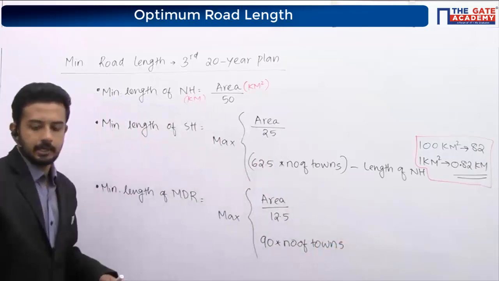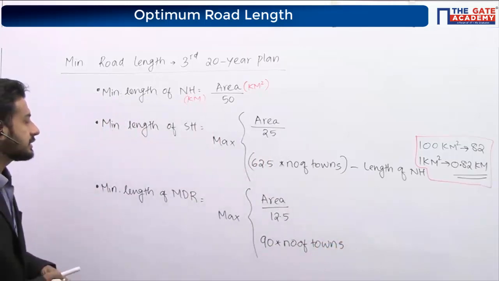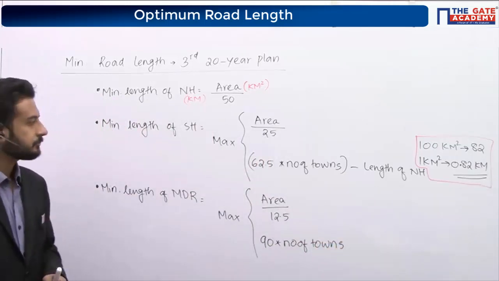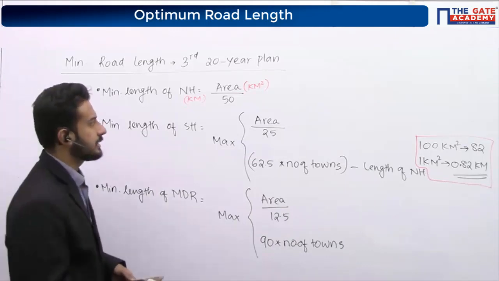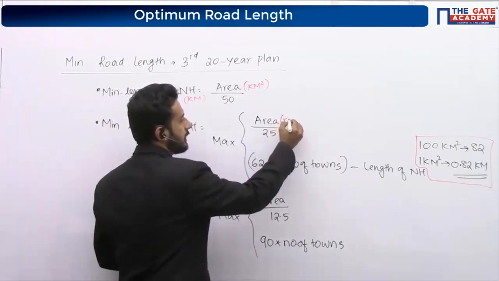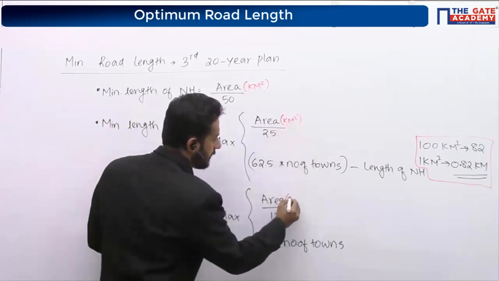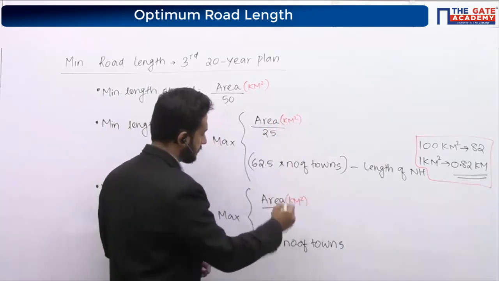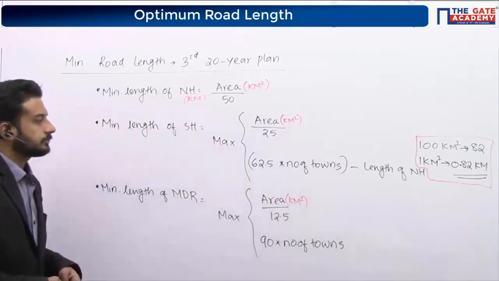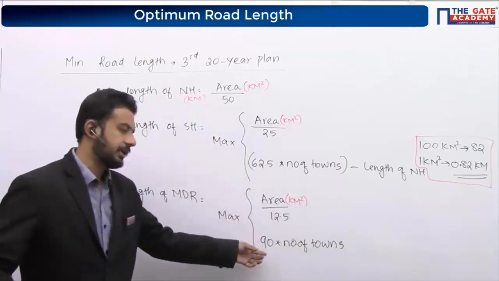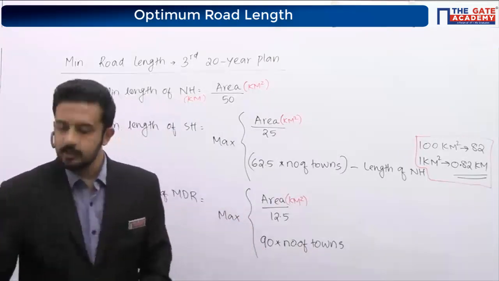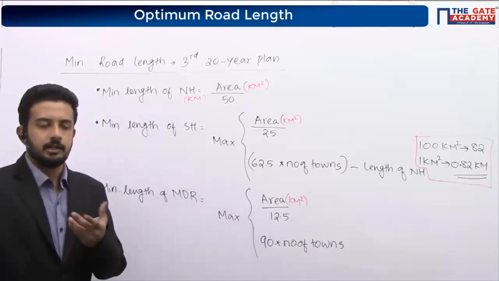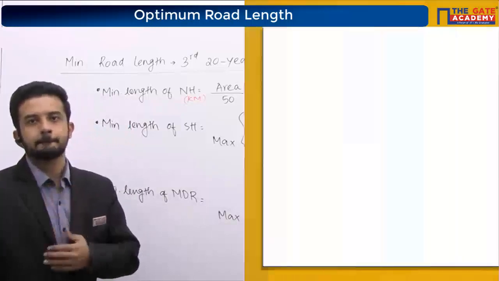There is no minus term here. Only in the state highway do we have the minus term. Here also the area you have to substitute in kilometer square, then you will get the answer in kilometer. The 62.5, 90, everything is based on experience and some surveys. We have calculated and given that empirical formula.